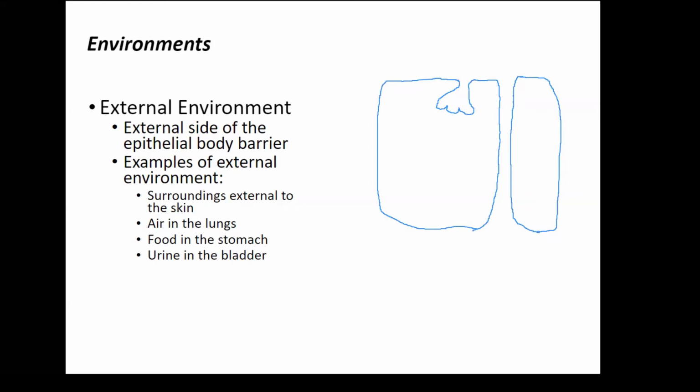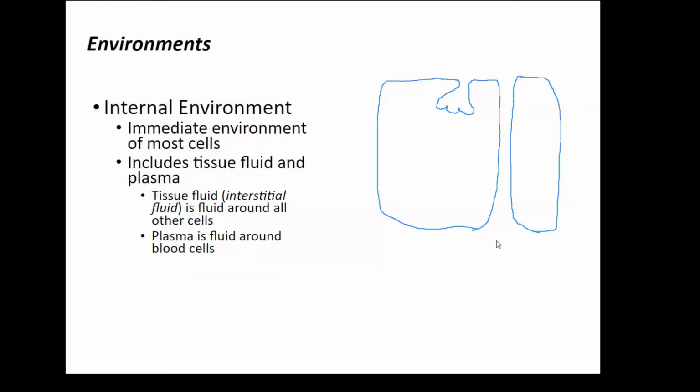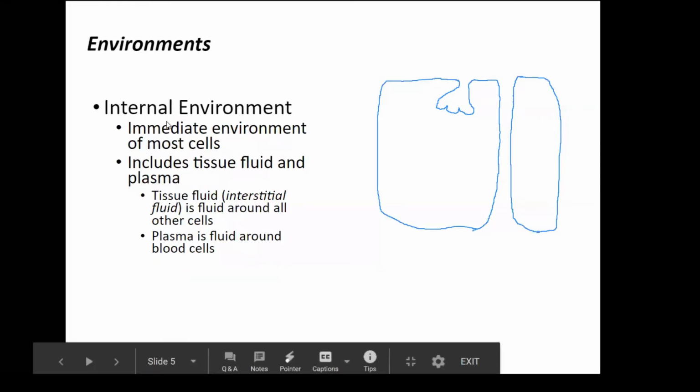So when we're drawing this body schematic, it's basically going to be just like a bag of bags. Think about a trash bag where you hold all your other shopping bags. We're going to have components inside the body that are separated from each other as well. So I'm going to progress the slides, and I'm going to leave that drawing up as we start to talk about the internal environment.